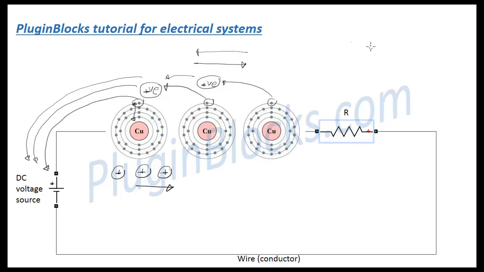To imagine the resistance, let's draw the whole circuit in a different structure. Let's say that you have a pipe. This pipe represents the wire, and the current is represented by water flowing through this pipe.